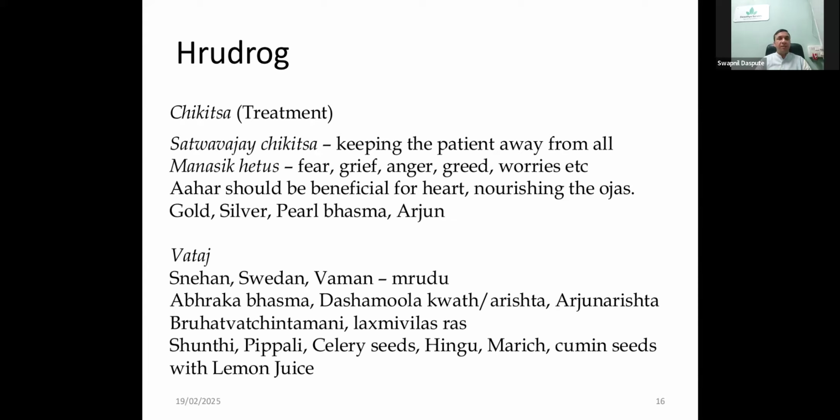So Sattva Chikitsa. Ahara should be beneficial for the heart. So Hitakara Ahar for the heart, nourishing to the ojas, that kind of food should be given to the patient. So Madhura Rasa, Amla Rasa.